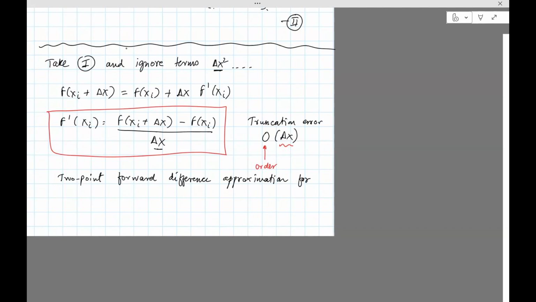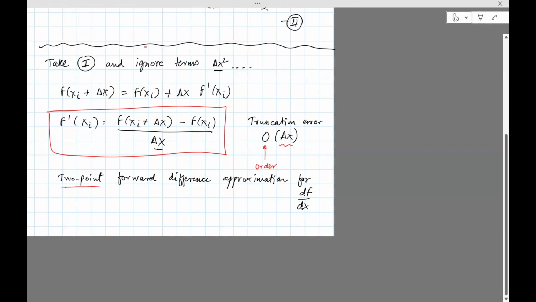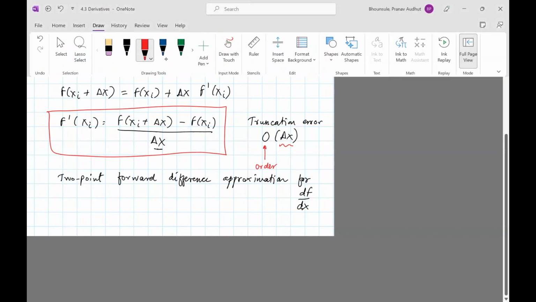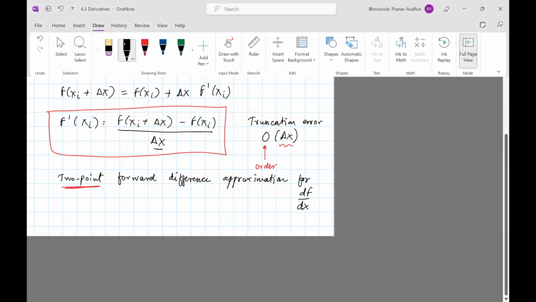And clearly this is an approximation for df dx. So we need to understand these terms. What does 2-point mean? It means that in order to find df dx or f prime, we need, yeah, question.